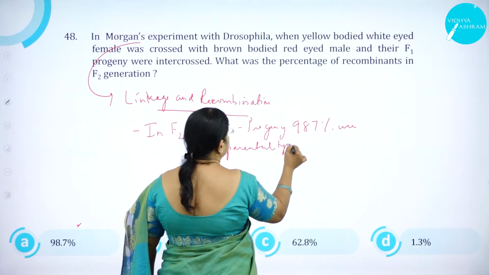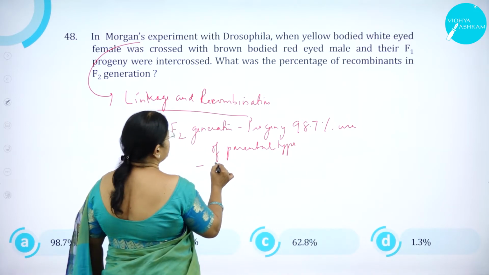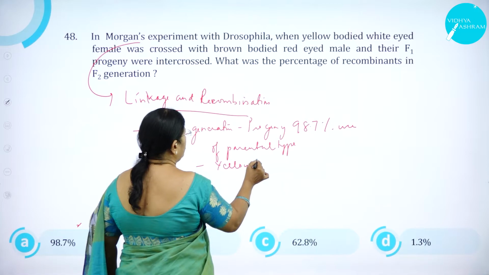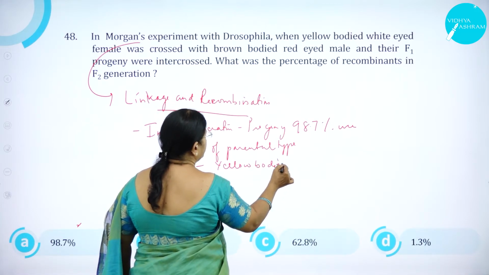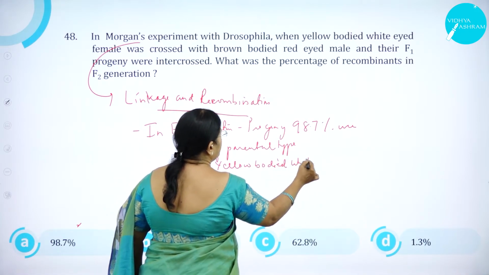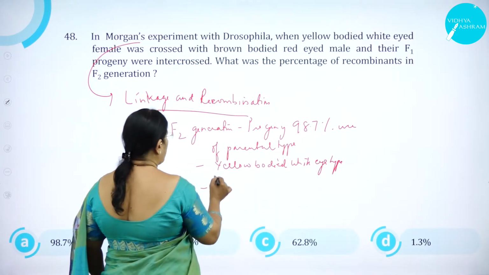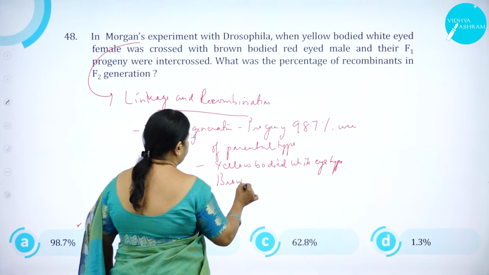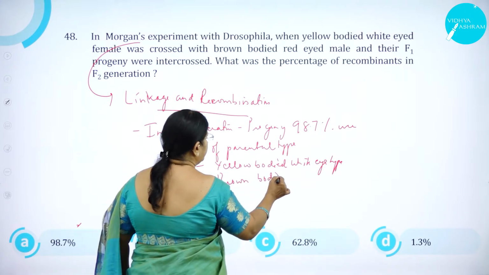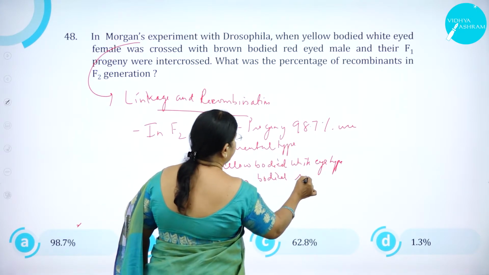parental type. That is, parental type means what? Both yellow-bodied white-eyed type and brown-bodied red-eyed type.